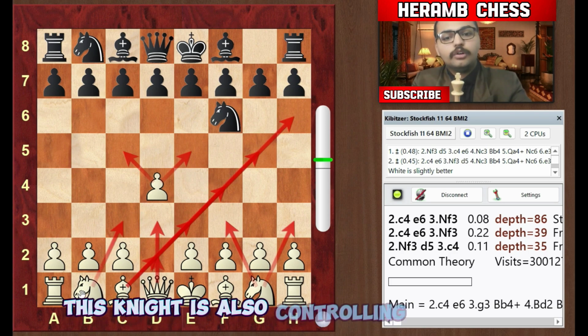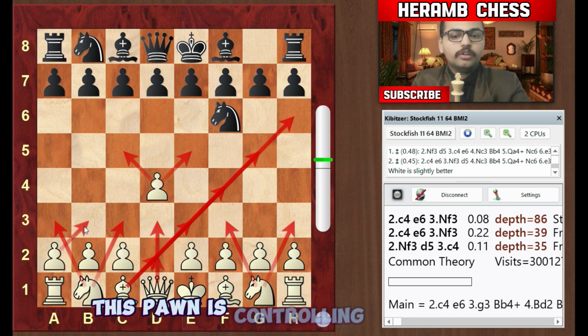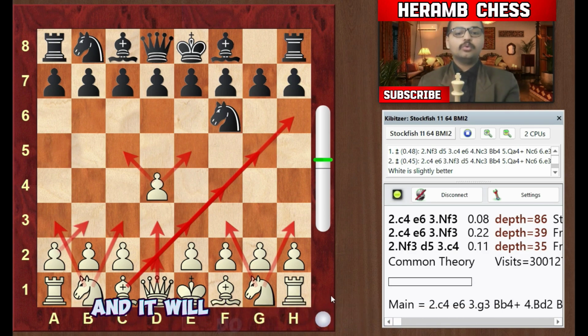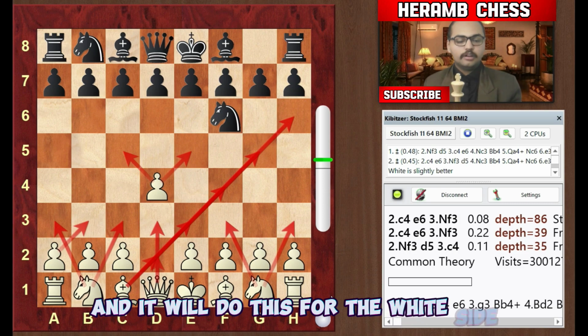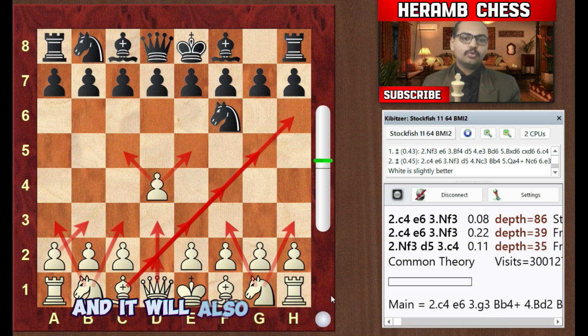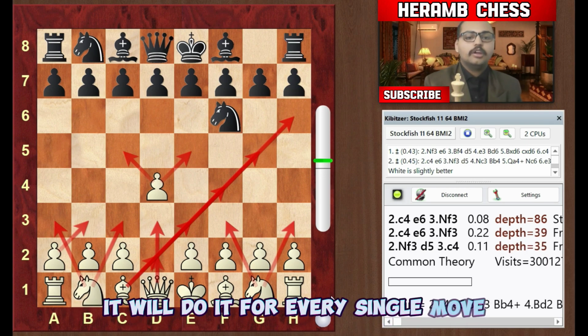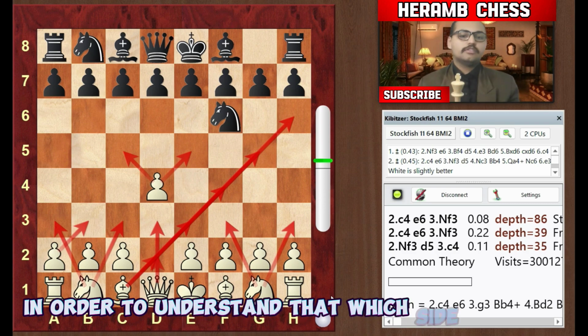This knight is also controlling 2 squares. This pawn is controlling 1 square. And it will do this for the white side, and it will also do it for the black side, and it will not do it for 1 or 2 moves, it will do it for every single move in order to understand that which side is better.